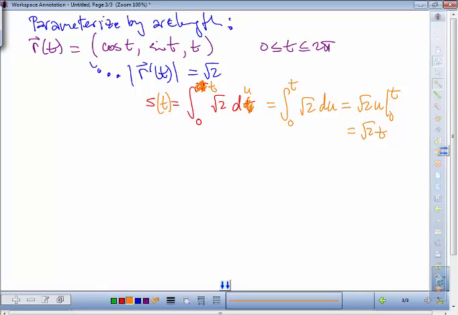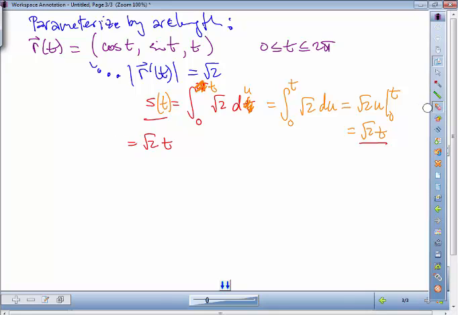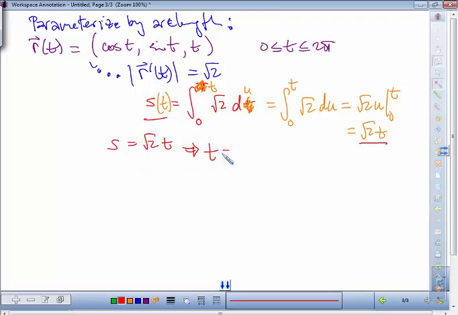So now, what's nice about this is that I have this relationship with S of t is equal to square root of 2 t. Or maybe I'll take out the S of t and make this into just an S. So if I solve for t, this is 1 over square root of 2 times s.